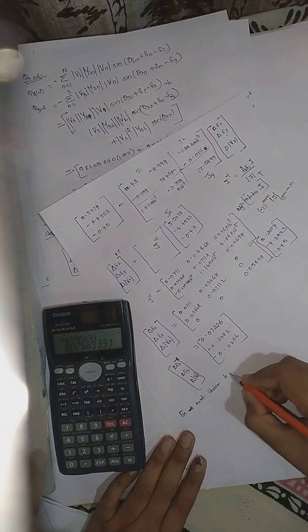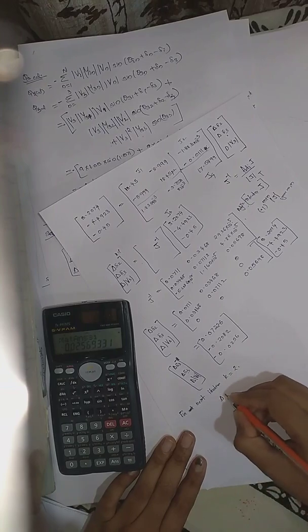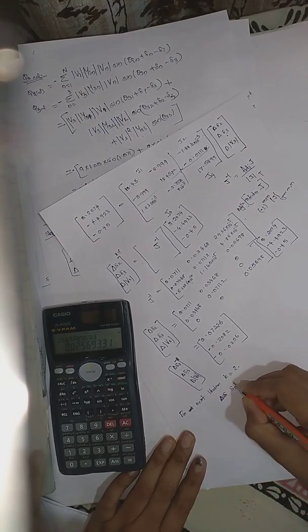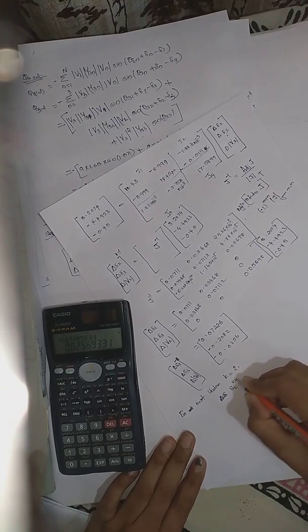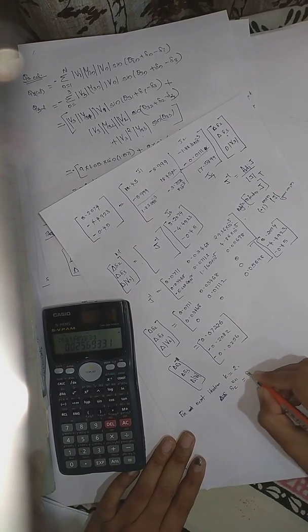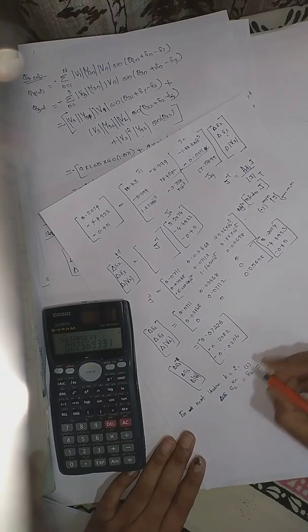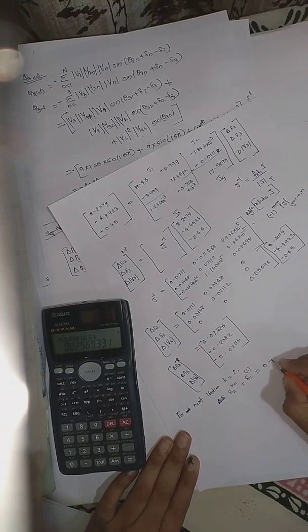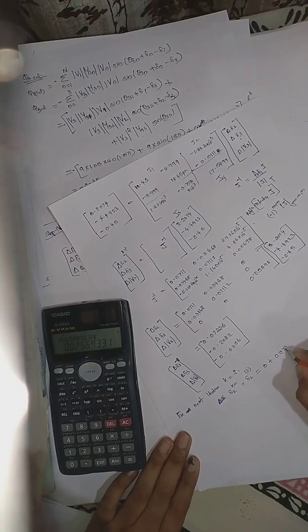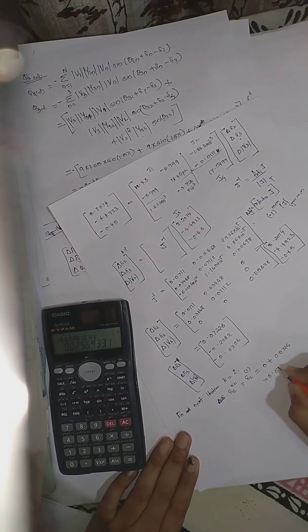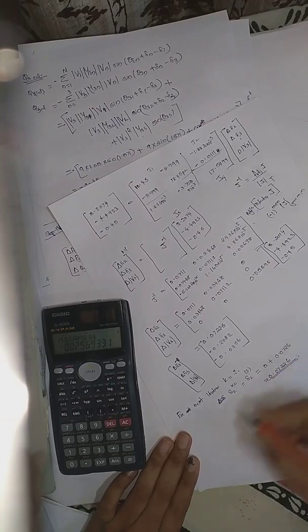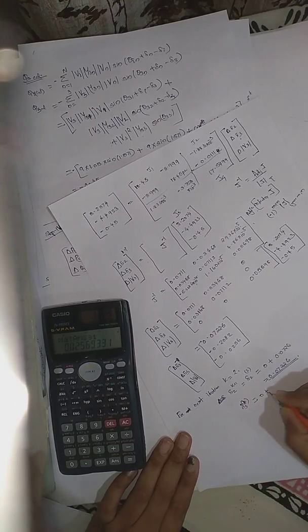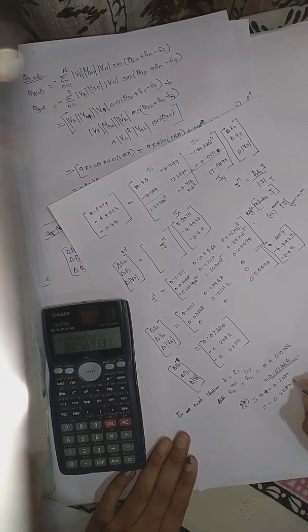For the next iteration, k is equal to 2. Delta 2 for the second iteration is equal to delta 2, that was 0, plus 0.07226, so delta 2 is 0.07226. Delta 3 for the next iteration is 0 plus minus 0.2082, that is minus 0.2082 per unit.